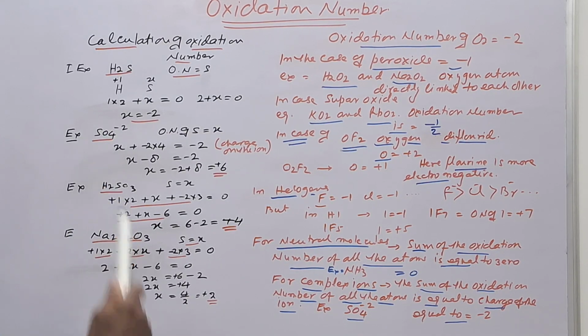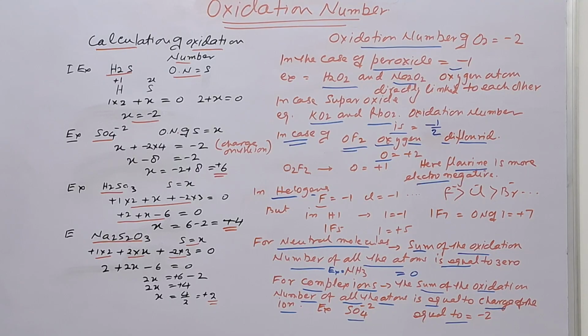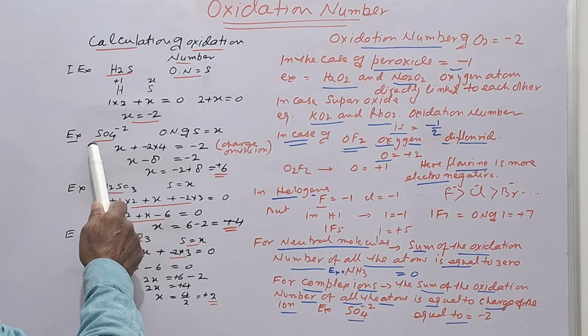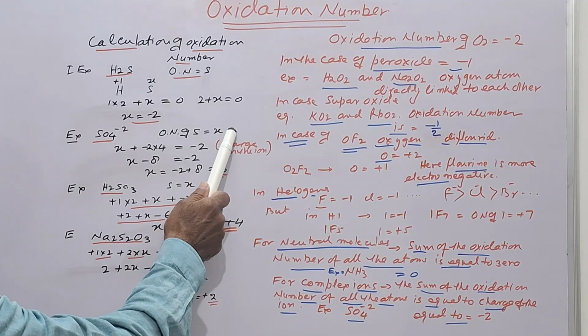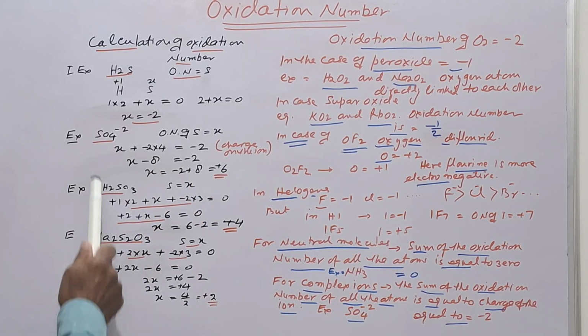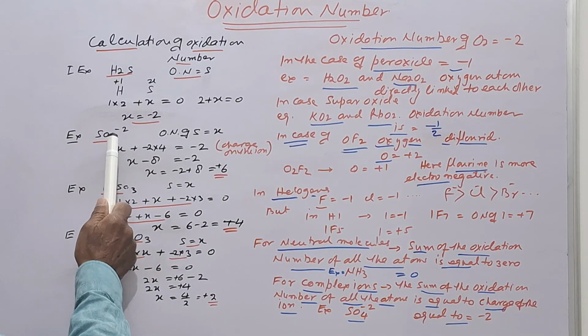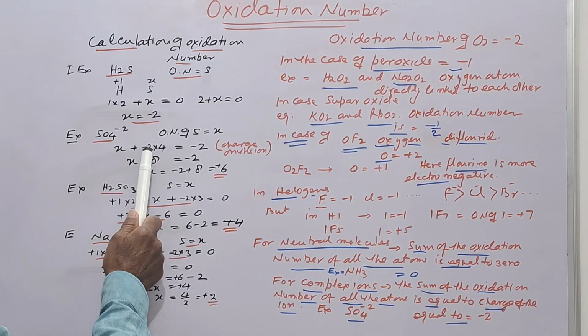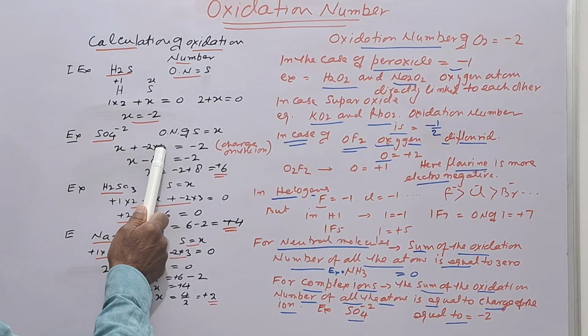Now take the example of the sulfate ion. Its charge is -2. Now we have to determine the oxidation number of the sulfur, that is X. Sulfur X. Oxygen has oxidation number -2 into 4 atoms.